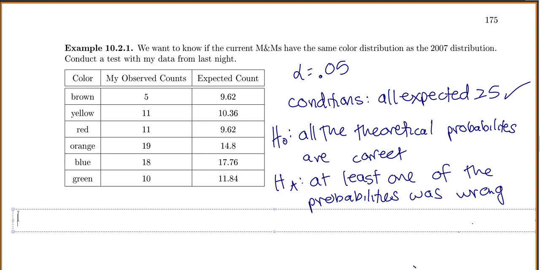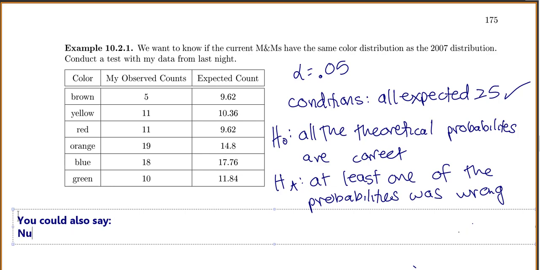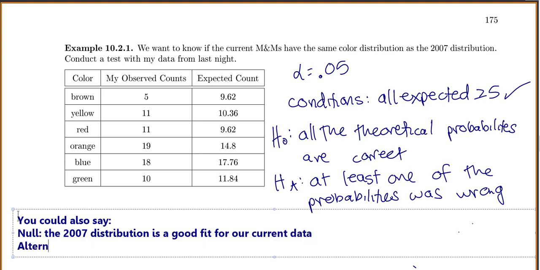You could also say, if you want, that the null is the 2007 distribution is a good fit for our current data. And the alternative is that the 2007 distribution is not a good fit for our data.